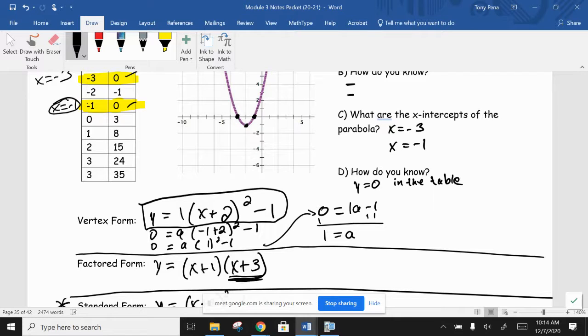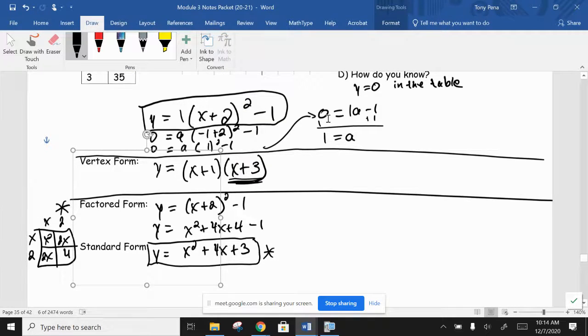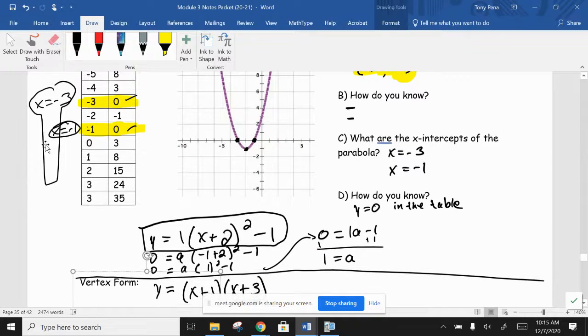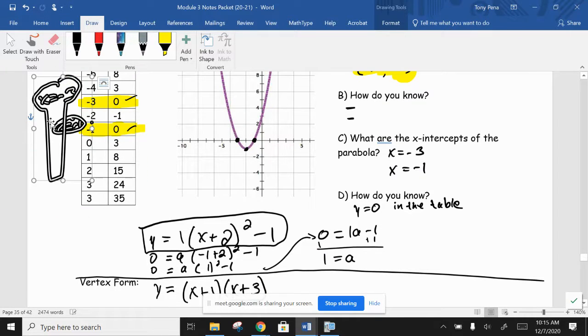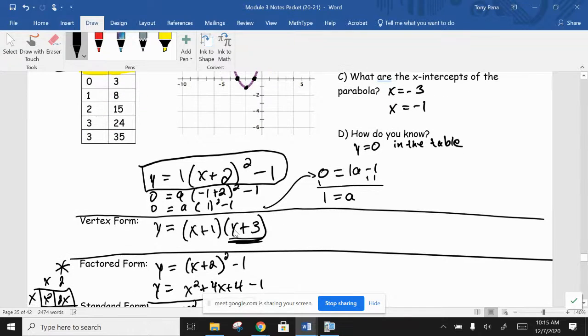And wouldn't this have to be x plus a 3 in order to give us a solution up here of this -3? So if I know x is a -3, then that would tell me that my factor would have had to have been x plus a 3. All right, so we could do factored form that way also very quickly.